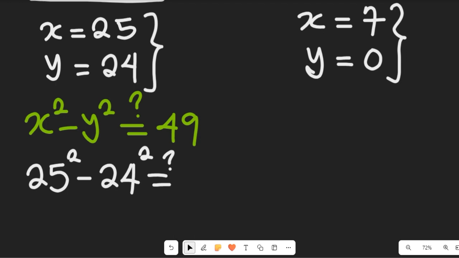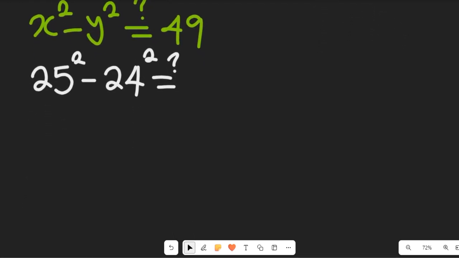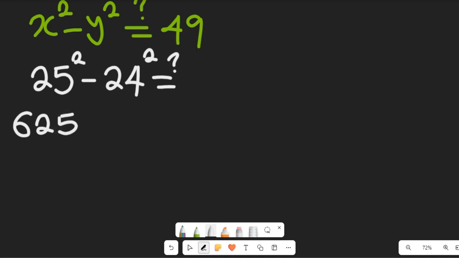Let's find out. 25 squared is going to give us 625, right? 625 minus 24 squared, which is 576. Then we'll subtract these two expressions. Can we get 49?